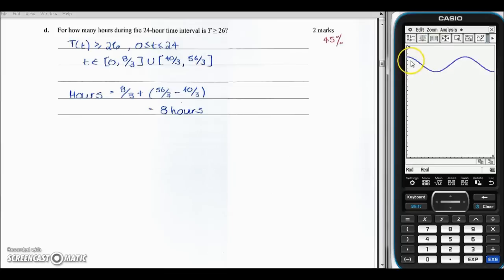So you should be able to see just by looking at that 8 on 3 is going to be around about there. So it's going to be greater than 26 between 0 and 8 on 3 and 40 on 3 to 56 on 3. So the amount of hours is 8 on 3 plus 56 on 3 minus 40 on 3, which simplifies to 8.